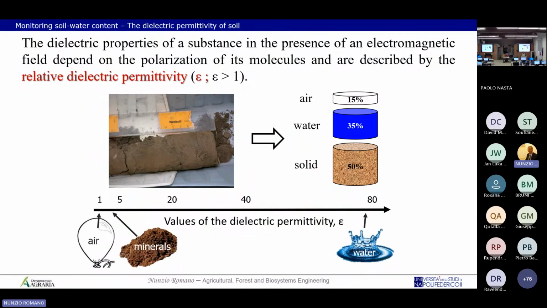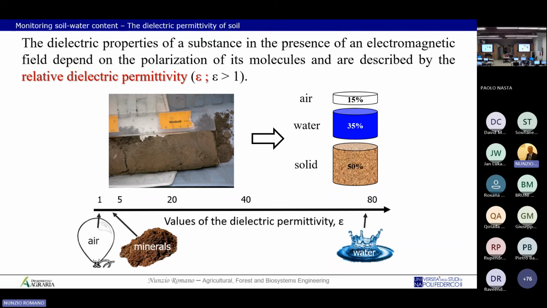Dielectric permittivity is a property of any substance when it is subject to an electromagnetic field. Because of this electromagnetic field, the molecules start to polarize.